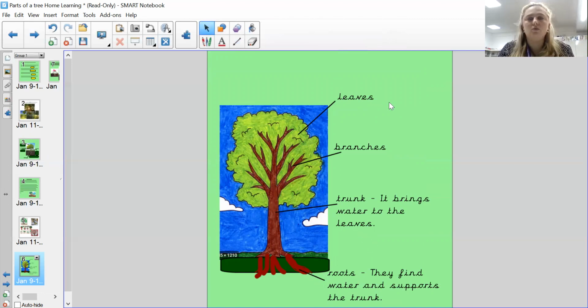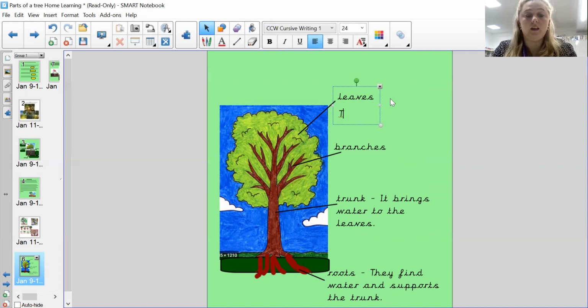And then you're going to write a sentence about each. The leaves, and then you're going to write what the leaves do. Same for the branches. And then what do the branches do?